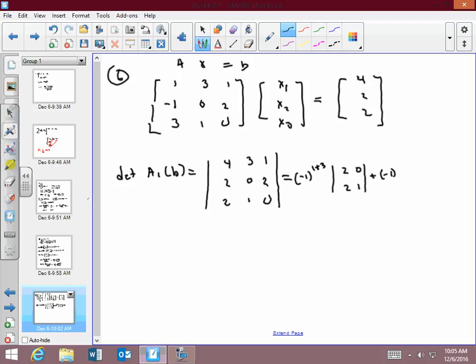And then it's going to be the second row, second column. Did I do that right? First row, third, no, second row, third column. I thought it had to be a negative. 2, 4, 3, 2, 1.